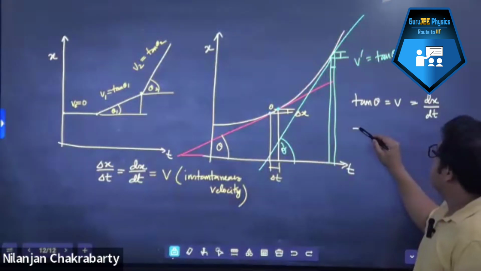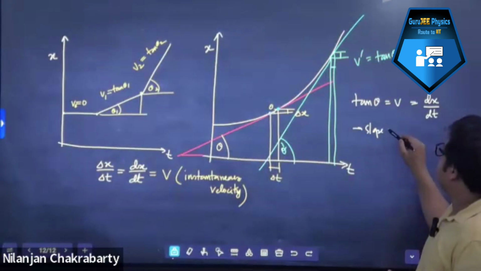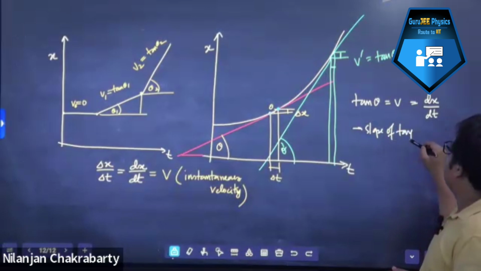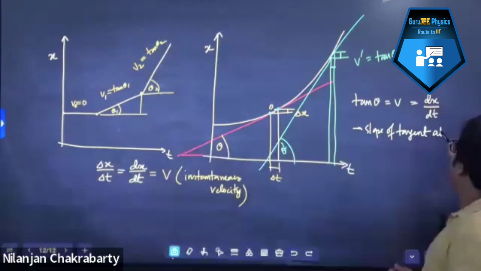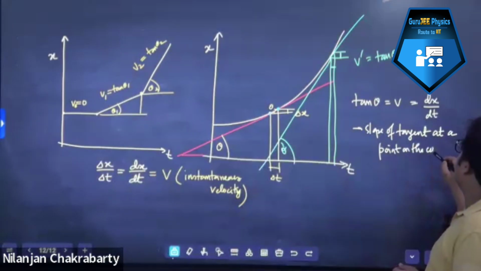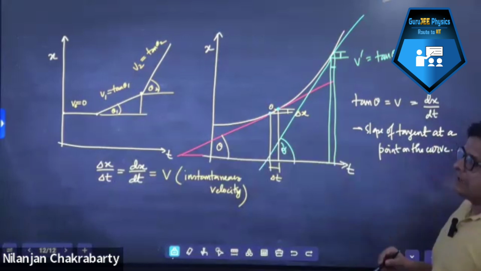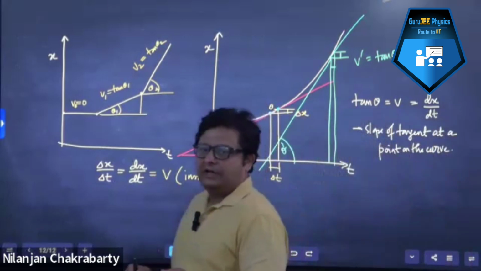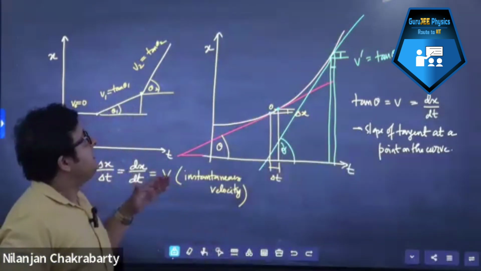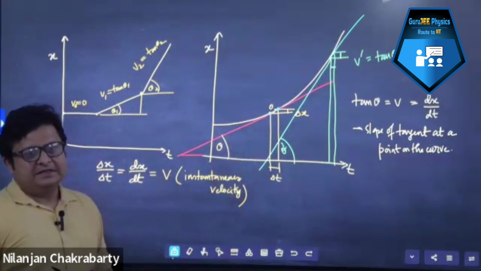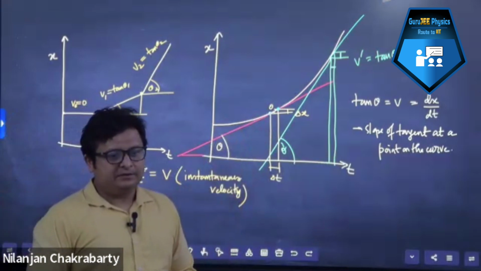So this is the slope of the tangent at a point on the curve. That means this graph means increasing velocity.